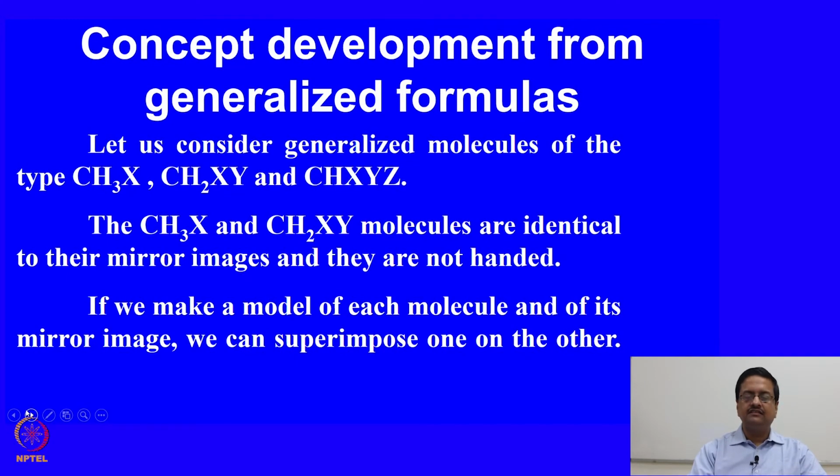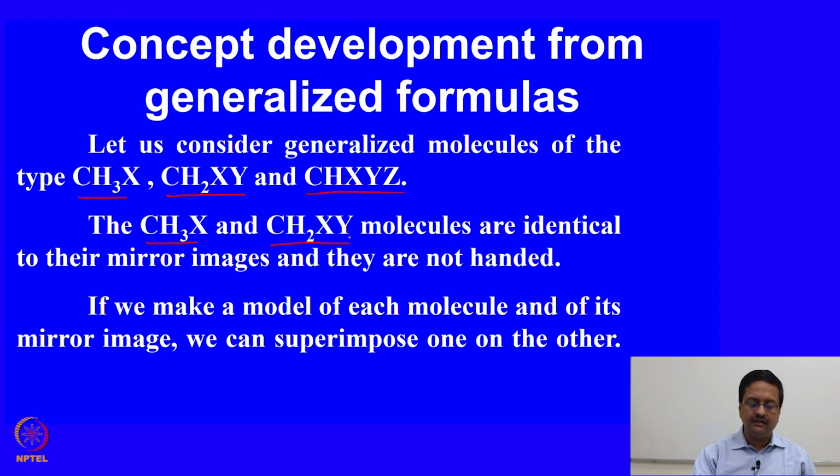When we try to understand the origin of this chirality, we consider three different generalized molecules, CH3X, CH2XY, and CHXYZ. What we see is that CH3X and CH2XY molecules are identical to their mirror images, and hence they are not a handed set of molecules.